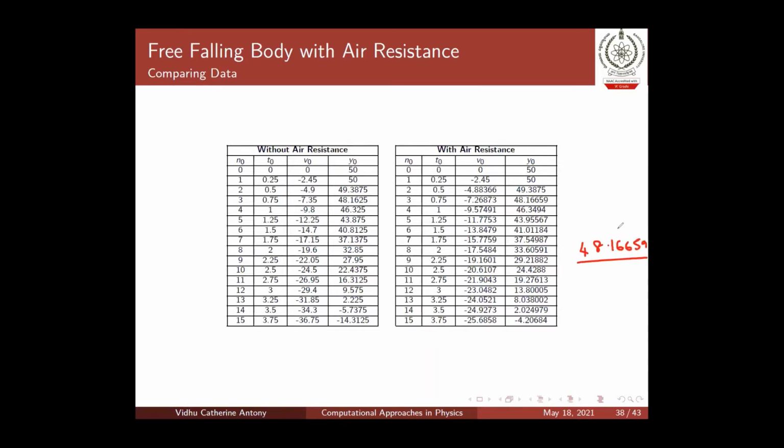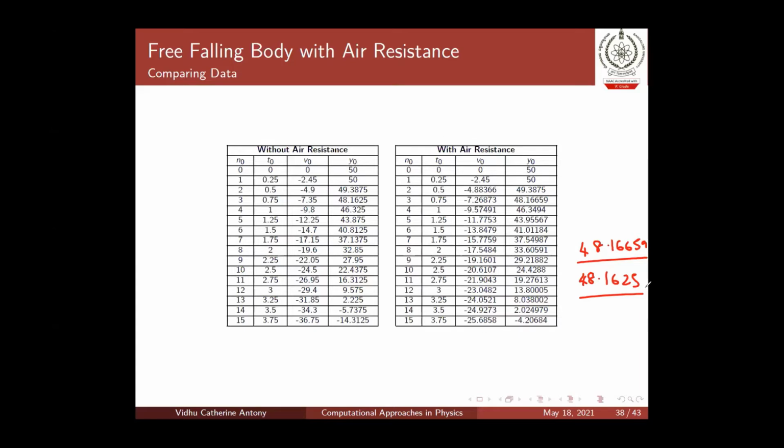Okay, this is with air resistance. What happens? You're reducing the effect of gravity when you have air resistance, right? The resistance is upward, force due to gravity is downward. So this is what you have. And then if you compare this, you have 48.1625.